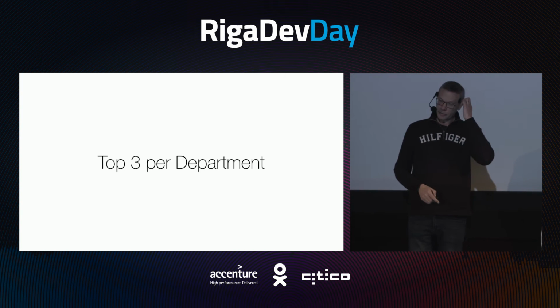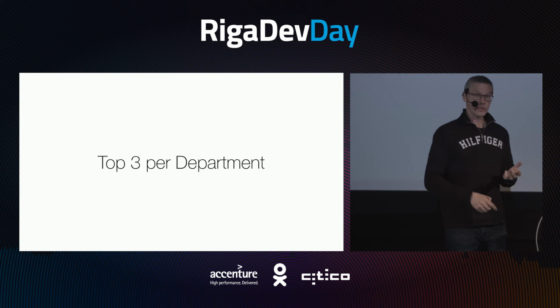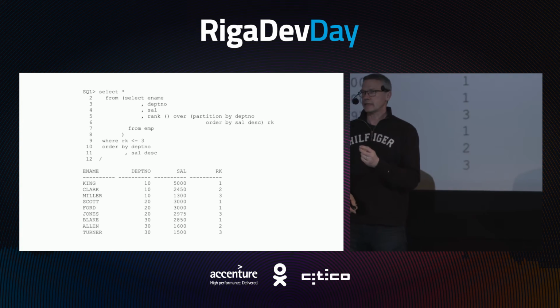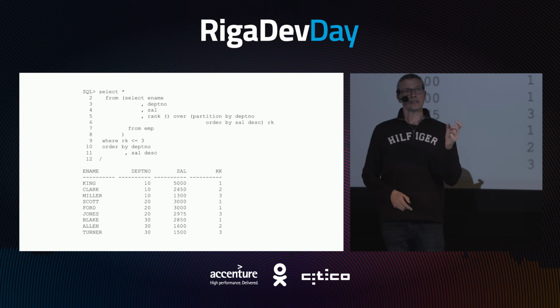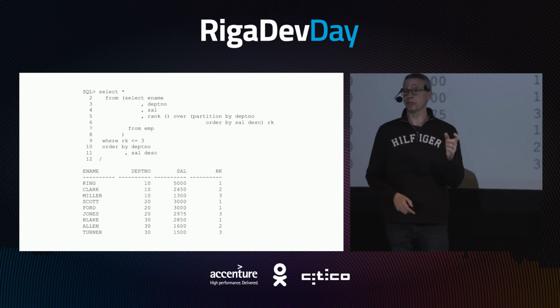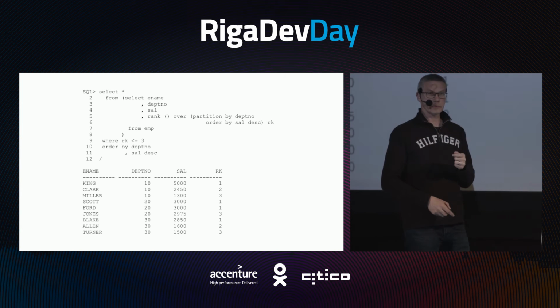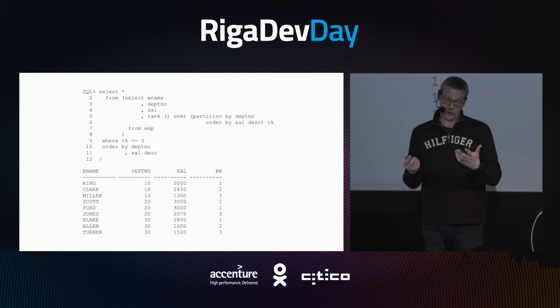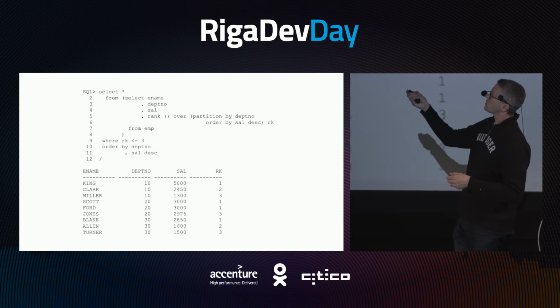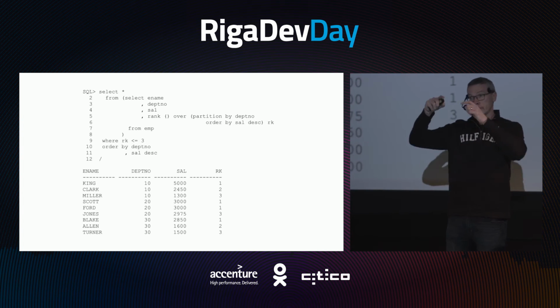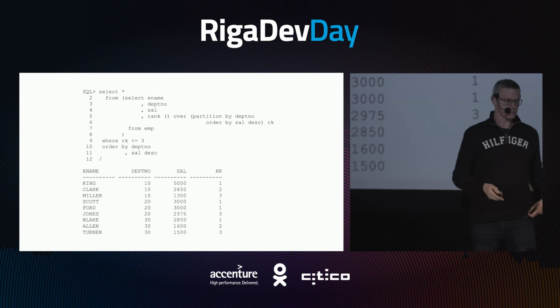So a top 3 per department. How do you do that? One of the limitations of analytic functions is they cannot be used in the final predicate. They cannot be used in the where clause. So if you want to use them in a where clause, you can't, but you can push your query into an inline view or into subquery factoring with a with clause.